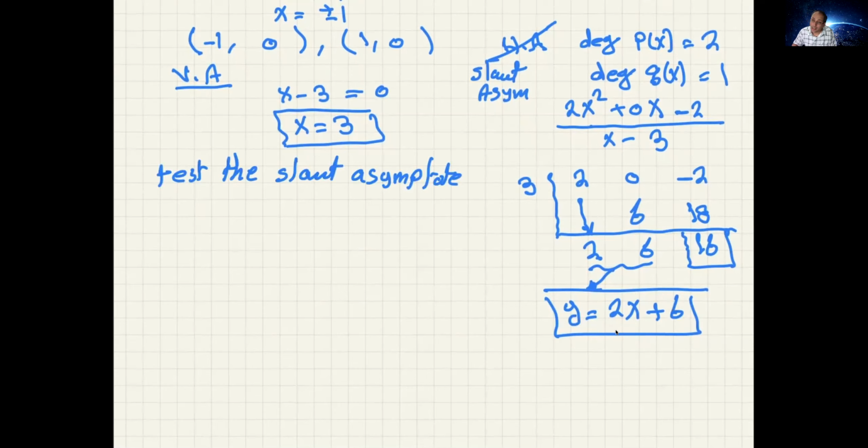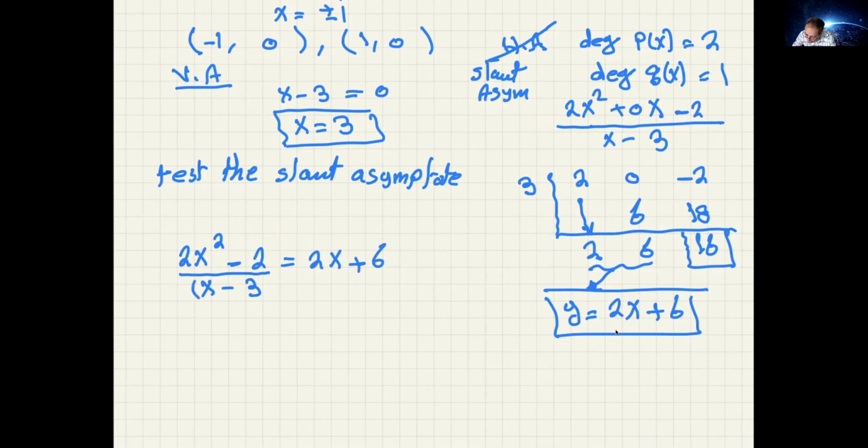In other words, before we set the function equals 1, we set the function equals 2. Now we're going to set the function equal to 2x plus 6. So my function, 2x squared minus 2 divided by x minus 3, equals 2x plus 6.